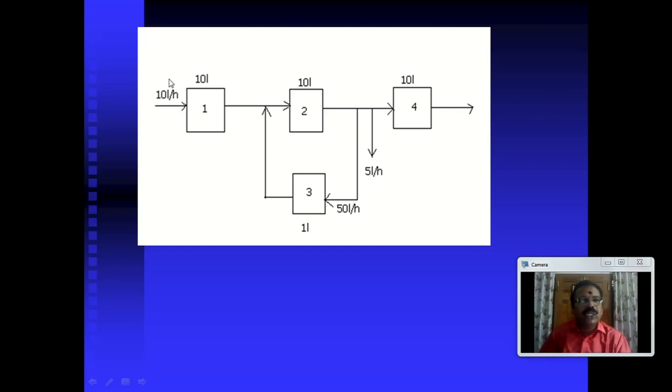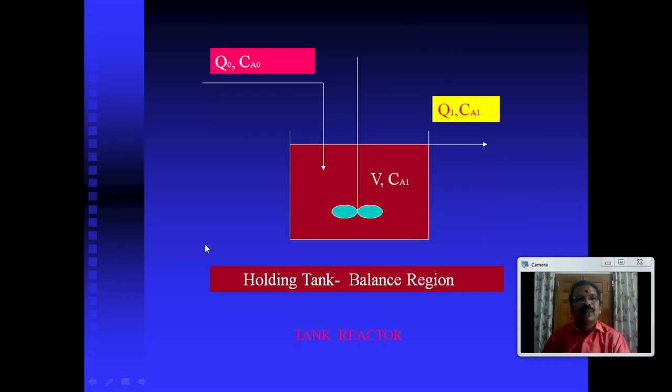The Q0, the initial flow rate, is 10 liters per hour. That means Q0 is 10 liters per hour. You know the volume per hour, 10 liters of the fluid is entering, the substrate is entering.